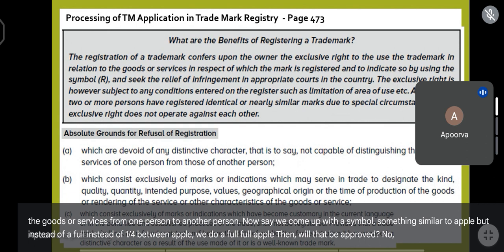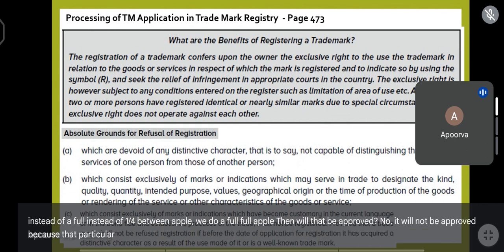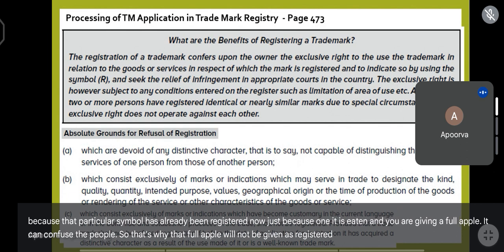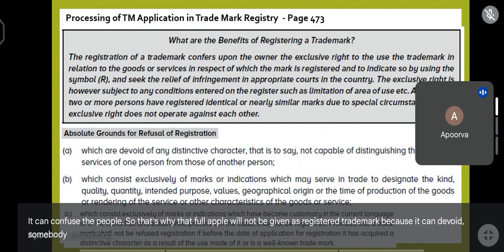No, it will not be approved, because that particular symbol has already been registered. Just because the bite is hidden and you are giving a full apple, it can confuse people. So that full apple will not be given as a registered trademark, because it can create confusion between one person and another person.